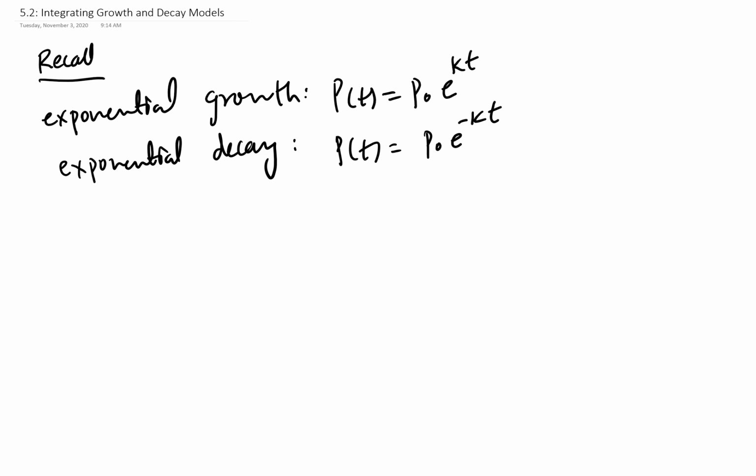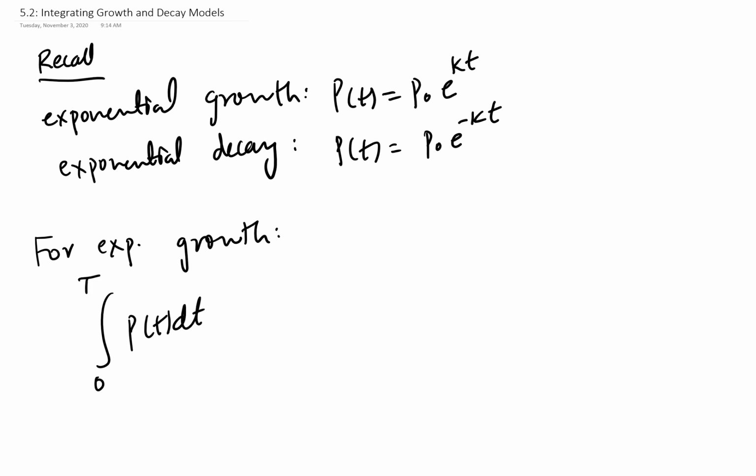For exponential growth, if we take that P of t and integrate it from time t equals 0 to capital T, that means I'm integrating the right hand side P0 e to the kt. And if you do so, that will be P0 over k times e to the kt minus 1.